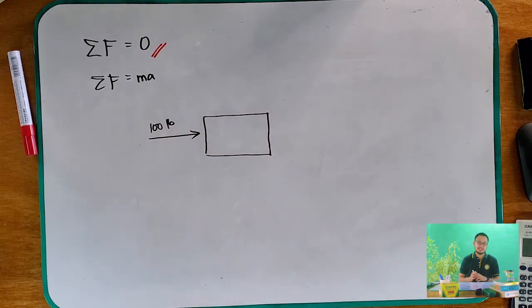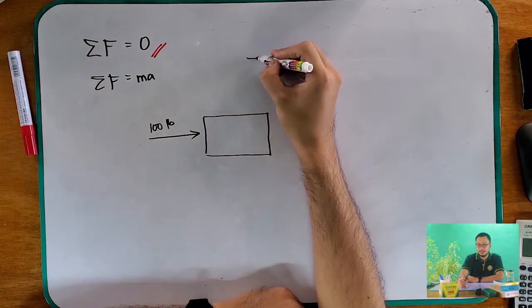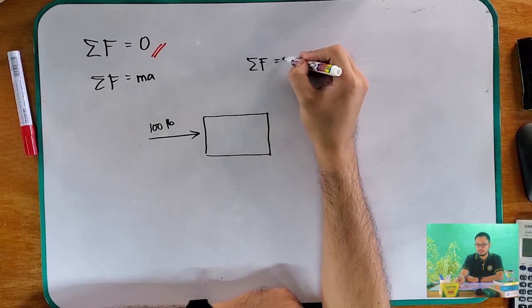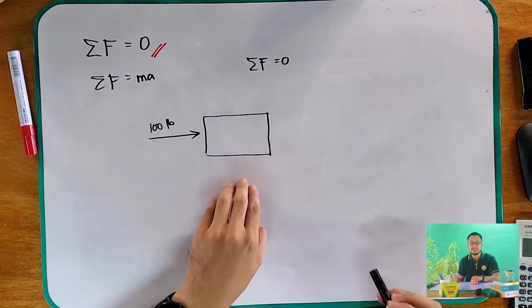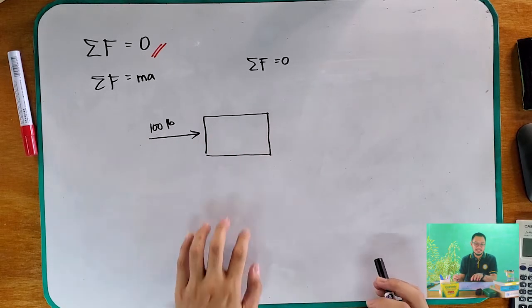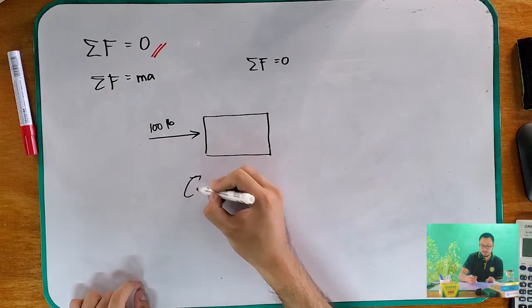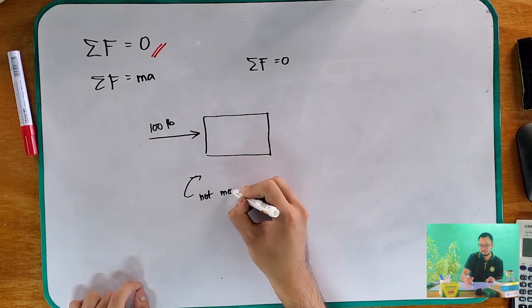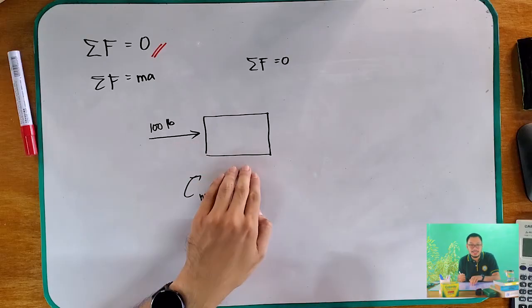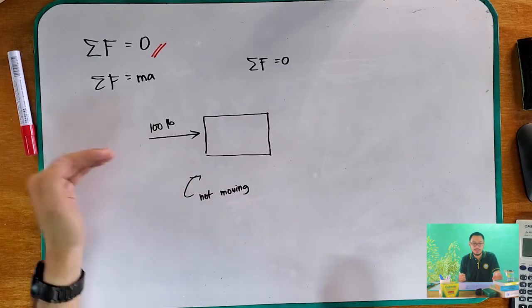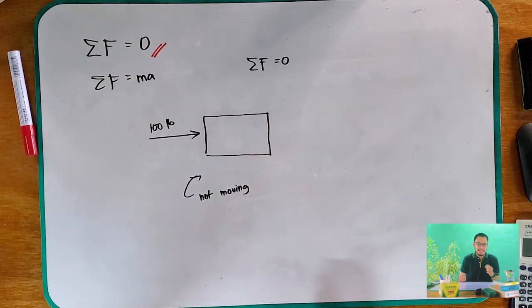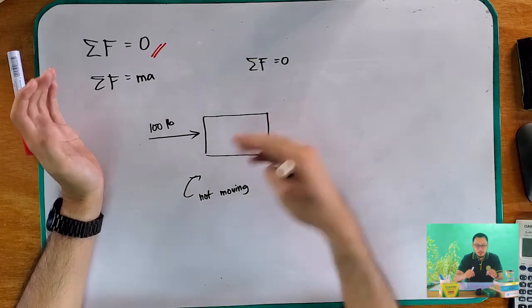This object is said to be in equilibrium, which basically means that this is not moving. But if we just look at this case, you would say that this is an unbalanced force, because 100 pounds is pulling in that direction. There should be a force that also resists this 100 pounds so that it is in equilibrium.